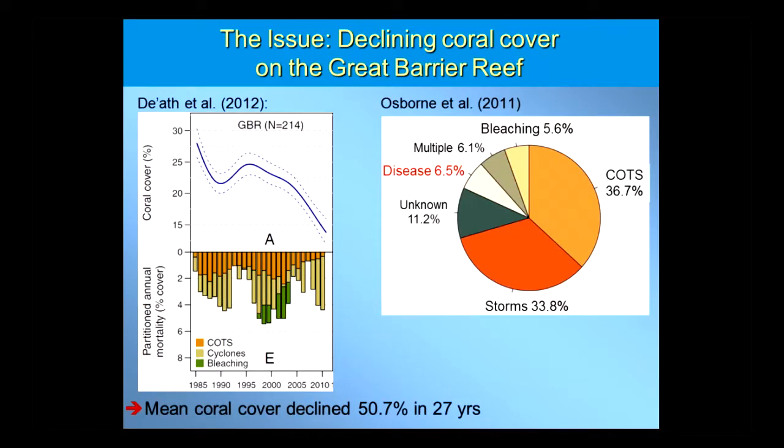But Manta tow data makes it very difficult to identify factors like coral disease, whereas the Osborne paper, which looks at coral mortality based on scuba diving surveys, makes it clear that there are more factors that should be considered, and in fact, disease is one that does factor into overall coral mortality.